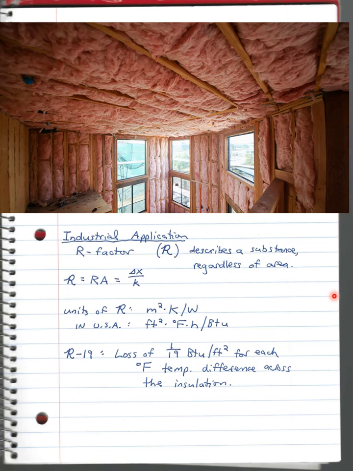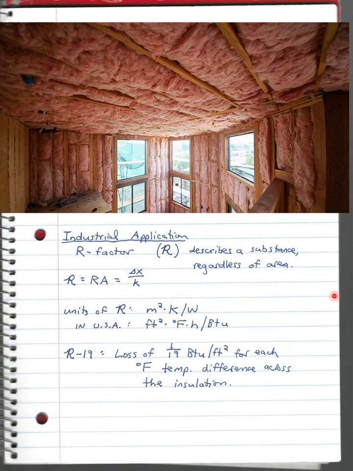So when you buy some insulative material like fiberglass, you might buy it in a roll of the material. How well it insulates from heat traveling through is rated by its thickness divided by thermal conductivity. The units of R, or the R factor, are meters squared Kelvin over watts.